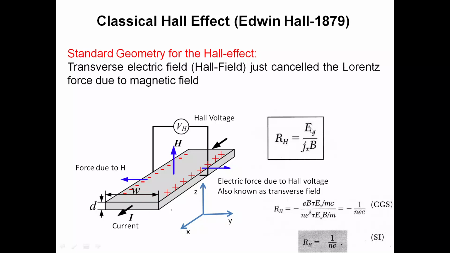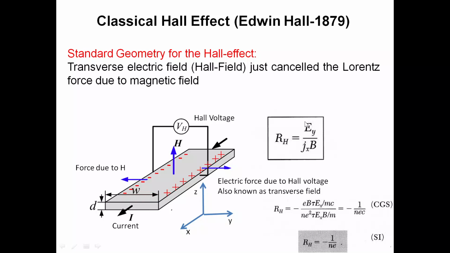the ratio of the Hall field Ey, because this is the y direction. So the field which is developed along the y axis is the Hall field, related to the Hall voltage. This is the Hall field divided by the current density along the x-axis, which is Jx, and the applied field.